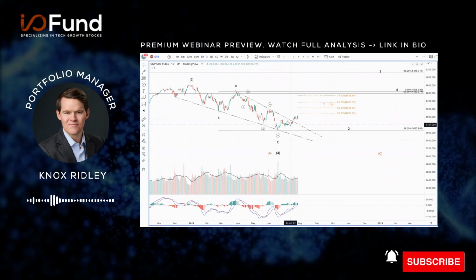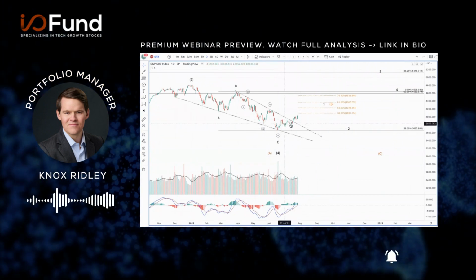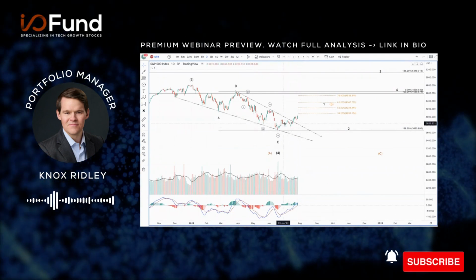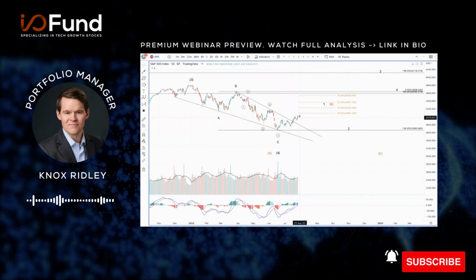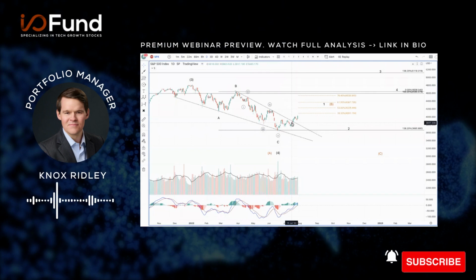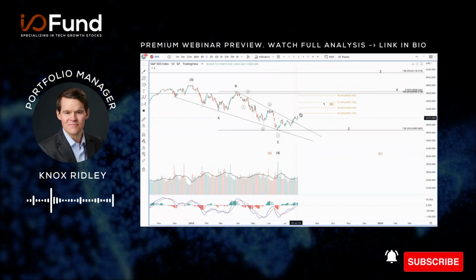That would be your black count. The problem is that you see how overlapping this is. It's a 3-wave move. It's messy. You don't want to see a new uptrend start with 3 waves. The odds are favoring that that's not what's going on, but it can be. We could be starting up in what we call a diagonal pattern, a leading diagonal.